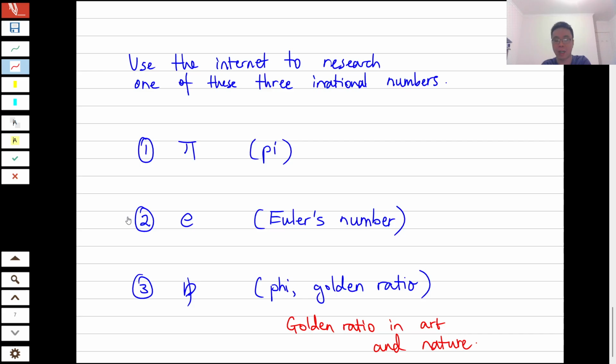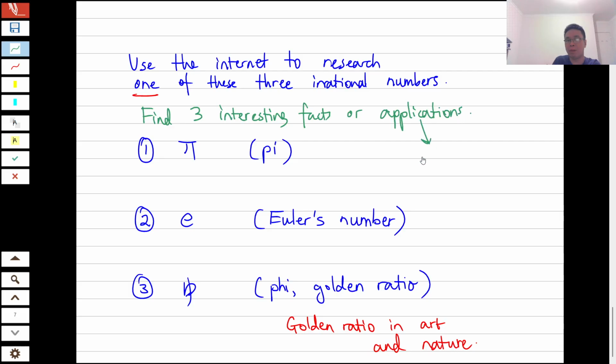So what I'm going to ask you to do is go on the internet, search up one of these three irrational numbers, so just one, and see if you can find 3 interesting facts about it. So I want 3 interesting facts, or applications.